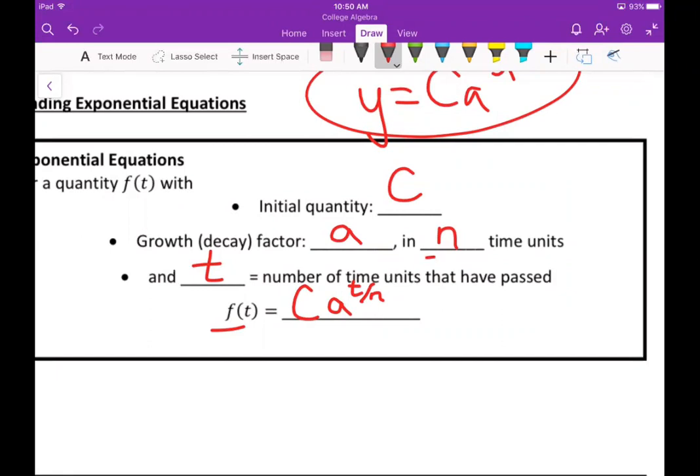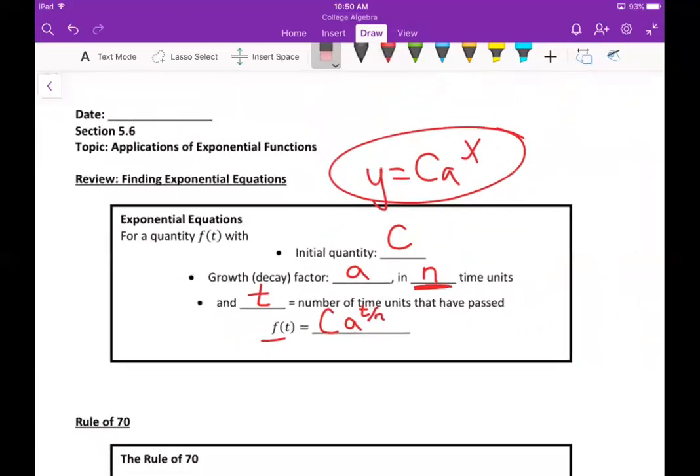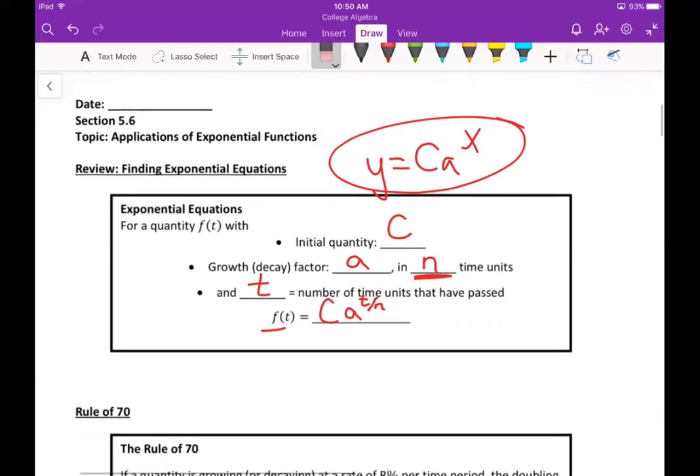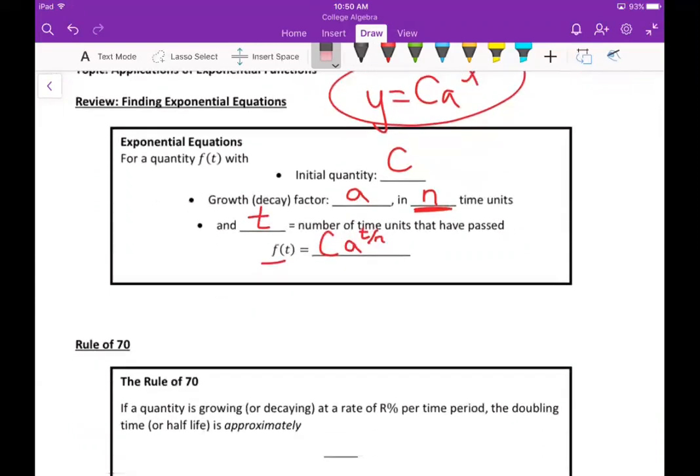So we always just end up dividing by that amount of time in our time periods to convert our function to single time units for the input. Okay, so that's maybe a helpful equation there, so you can quickly convert into single time units, even if you're given a growth factor and not single time units.